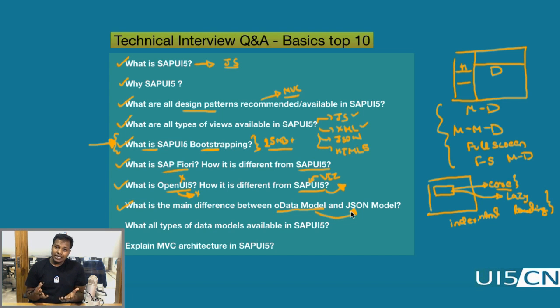So JSON model is utilized in your UI5 applications, the front-end application, and stays there. But the OData model stays in the server and you only see the JSON record or the data which you requested. So you can actually further query this OData model, which relies on the server side. Most of the time you are using your NetWeaver Gateway server or HANA server, and that OData model resides there.